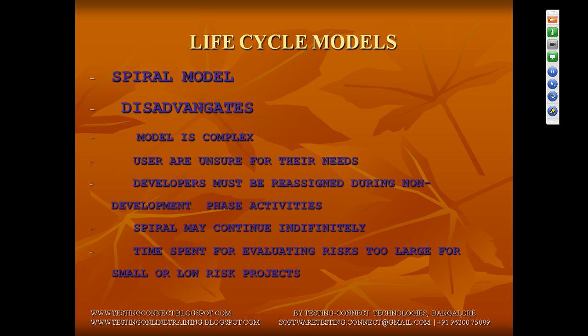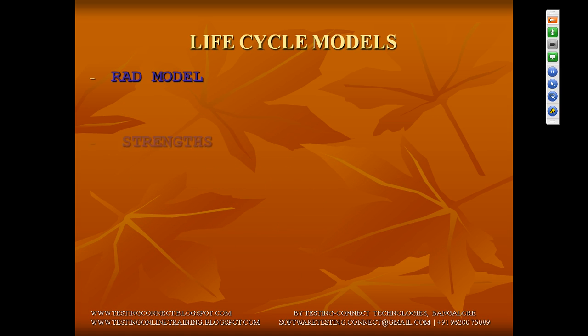This model is complex, users are not confident about their needs, and developers may get the same kind of task repeatedly. So these are the different disadvantages of your spiral model.